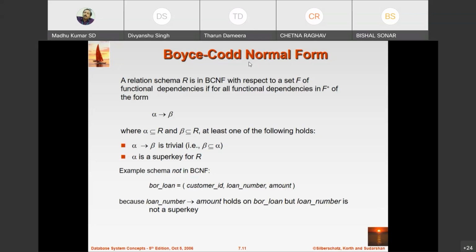So first let us see BCNF, Boyce-Codd normal form, which is defined based on the concept of functional dependency. Please go through the points mentioned in this slide. I will explain this. First you read the slide.